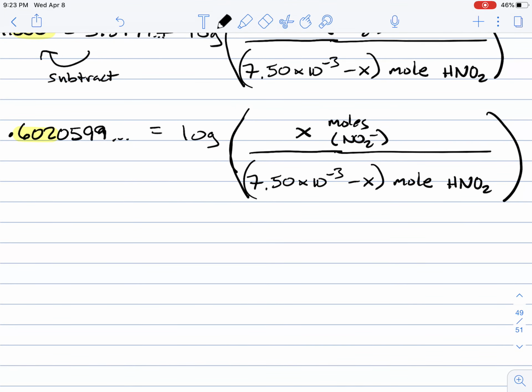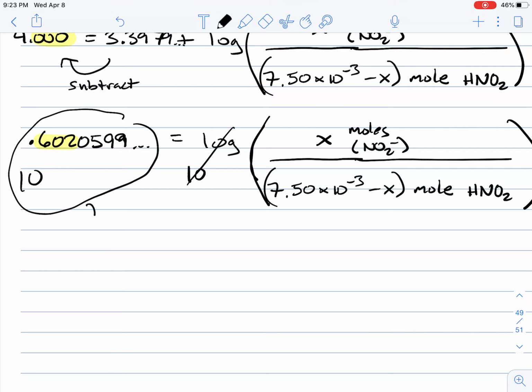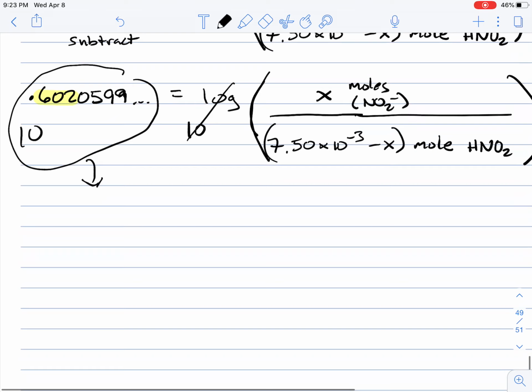To get rid of the log, I'm going to take the anti-log of both sides. If you plug this into your calculator, what you will get is 4.000.